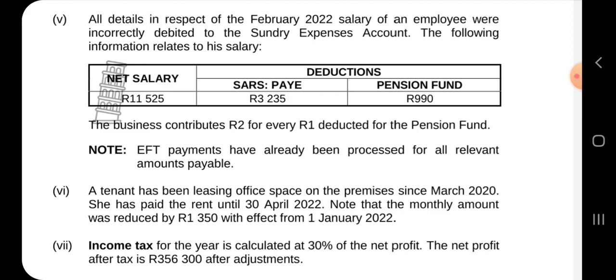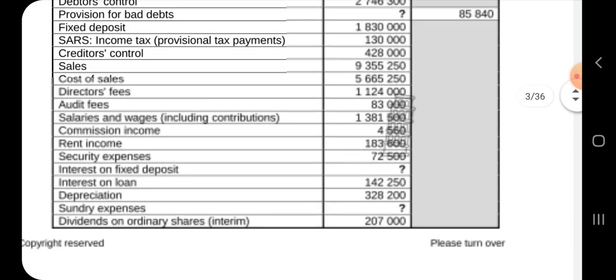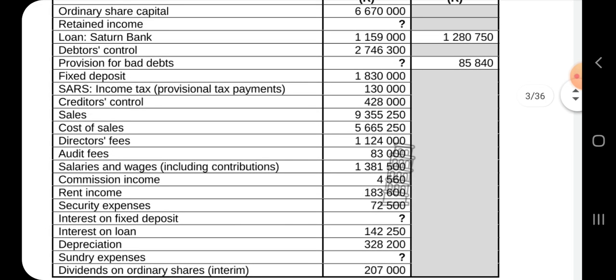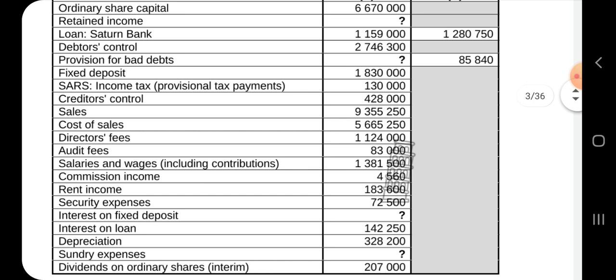Now let's go here and look for the amount for salaries and wages. Salaries and wages, 1,381,500. So we're going to add the person's gross income. For gross income, we'll take the net and add back the deductions to the person's salary to get the gross.